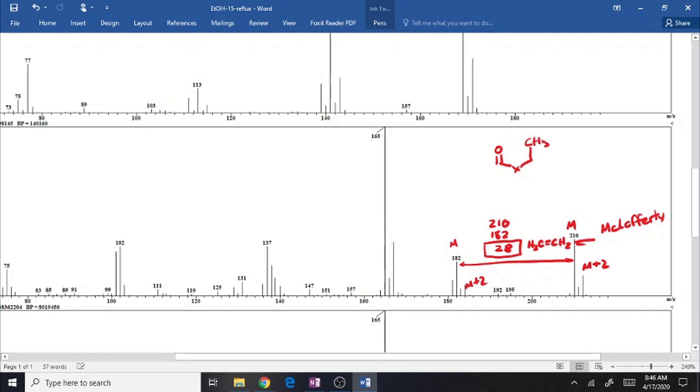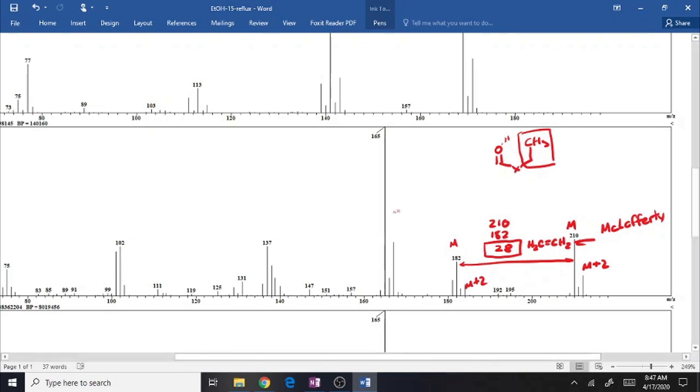And you're getting a rearrangement, in which case you are losing this as a CH2. One of these hydrogens ends up over here on this oxygen. An X can be a carbon, can be an oxygen, could be a nitrogen. So you have different options, but this is common with ethyl esters.